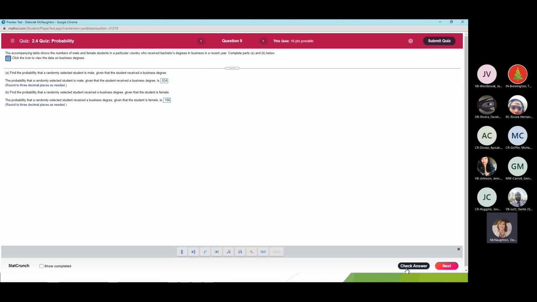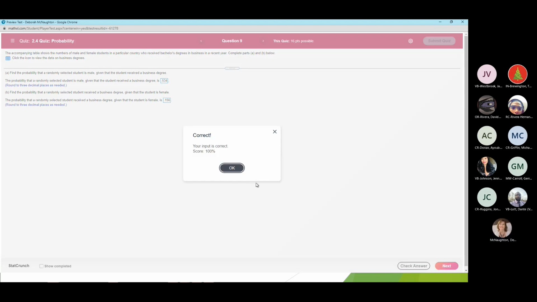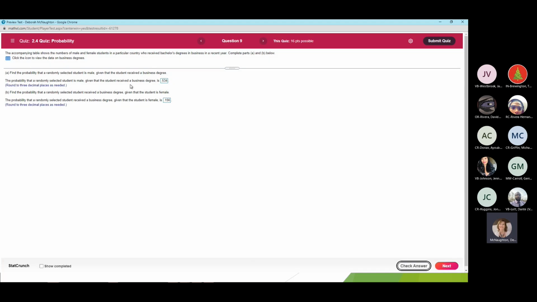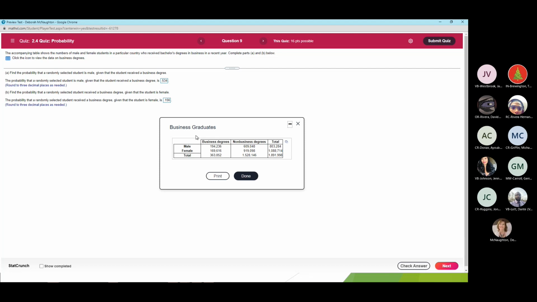Then let's check it. So that's how you do those. So again, if it says given that it's male, then the probability that the person has a business degree, given that he's male, you'll take the male and business degree and divide it by the number of males. Whatever it says given, you want to ignore the other stuff.